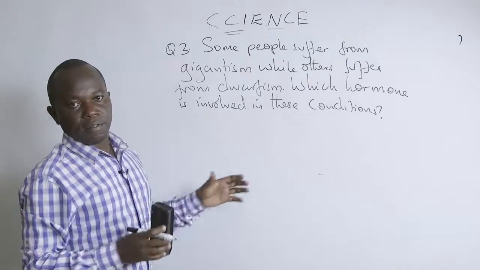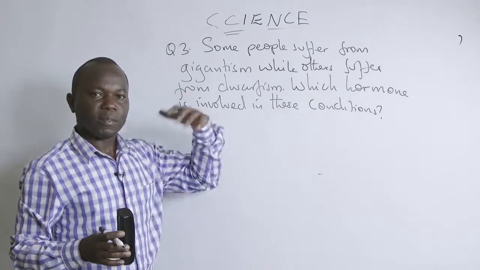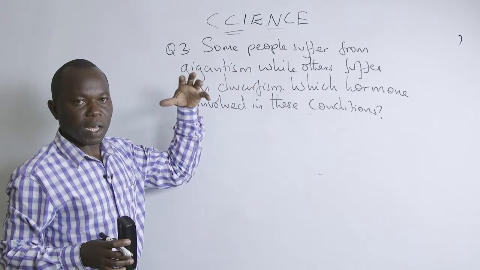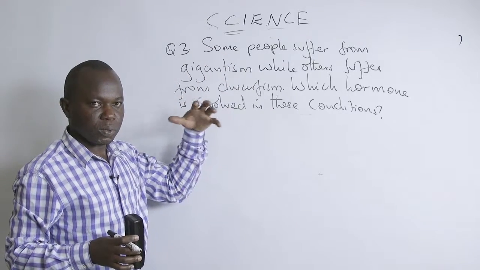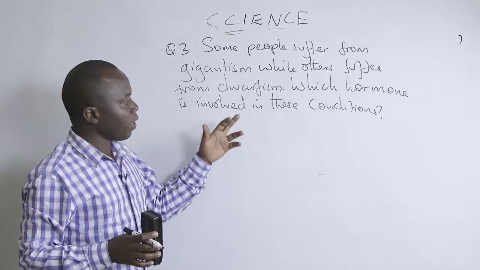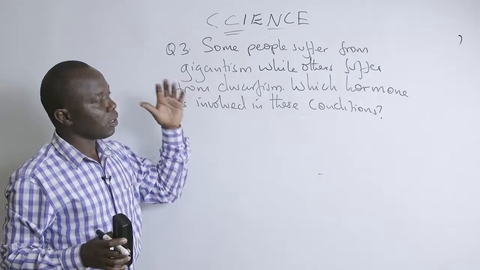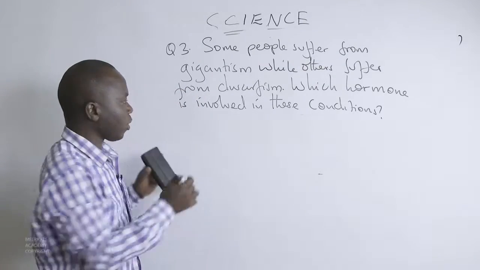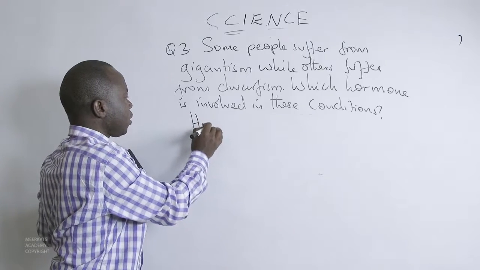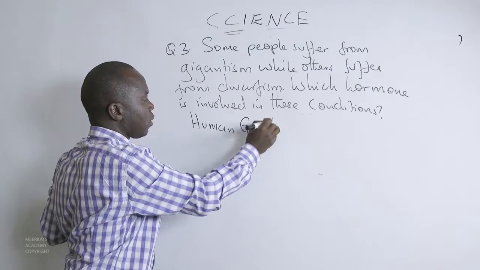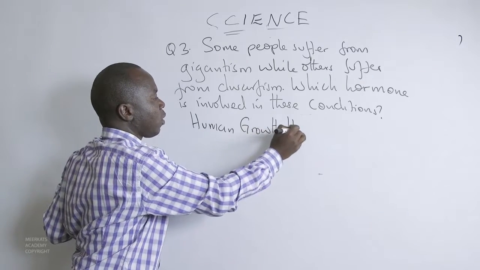So, for you to get the question properly, you have to understand that the two conditions are conditions due to growth. So which hormone is affecting growth? We have mentioned one major hormone produced by the pituitary gland, human growth hormone. So the hormone is called human growth hormone.